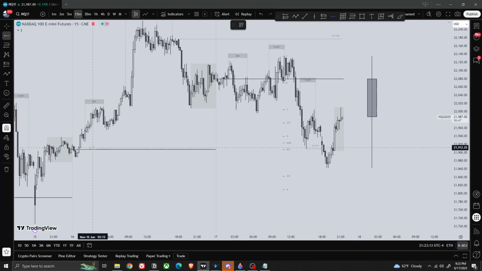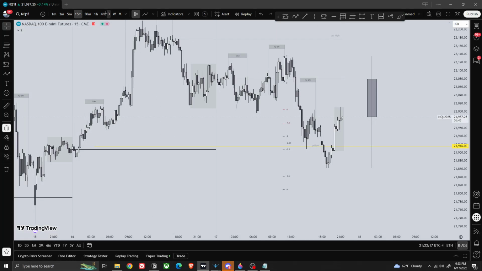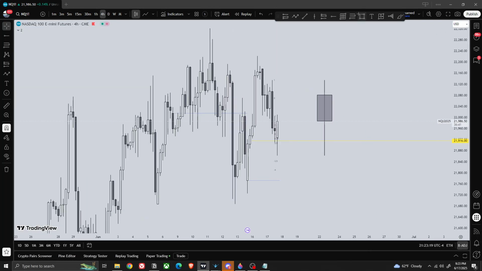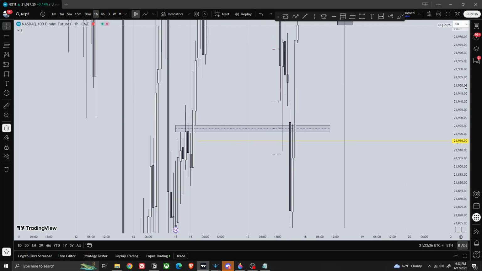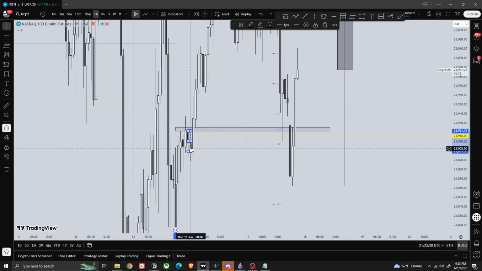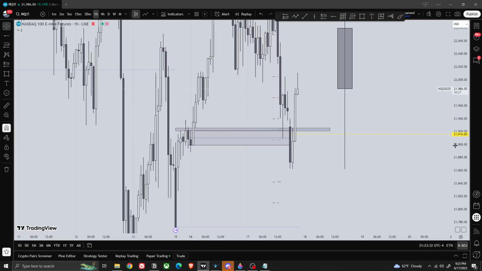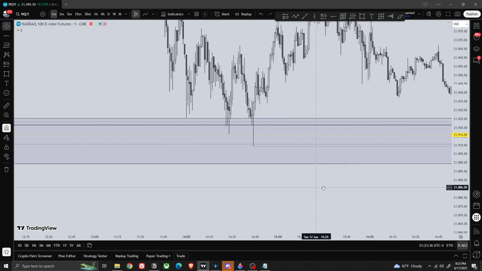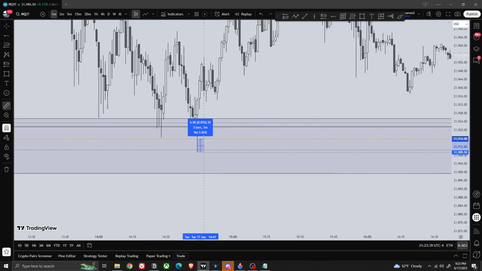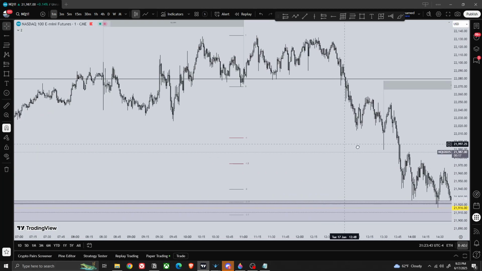So you could mark that out, 916, and obviously you want to align PD arrays. So you had this 4 hour, and then there is this order block. This is exactly what price took. You can see there's a lot of things aligning here. Price just took that as support, took that level with minimal drawdown, and that was the low of the day. So it's pretty simple.